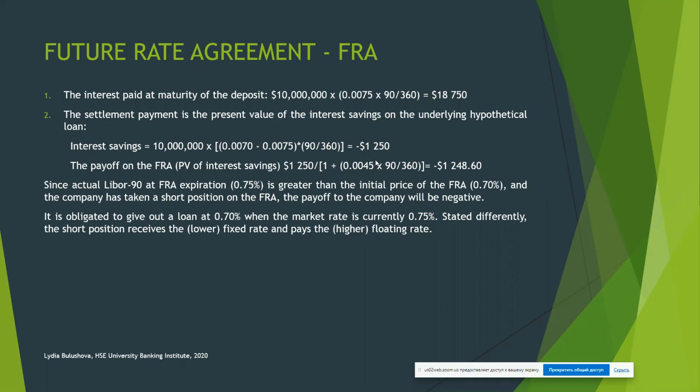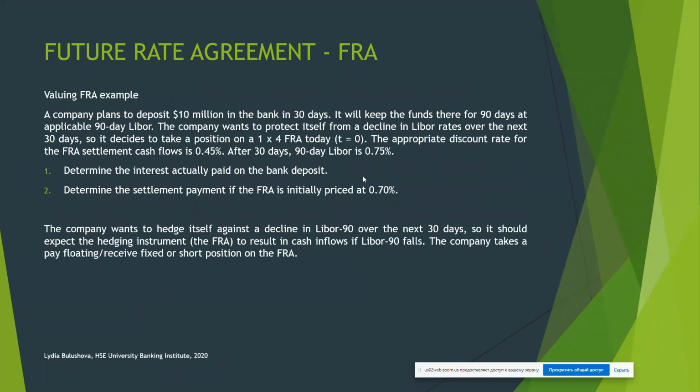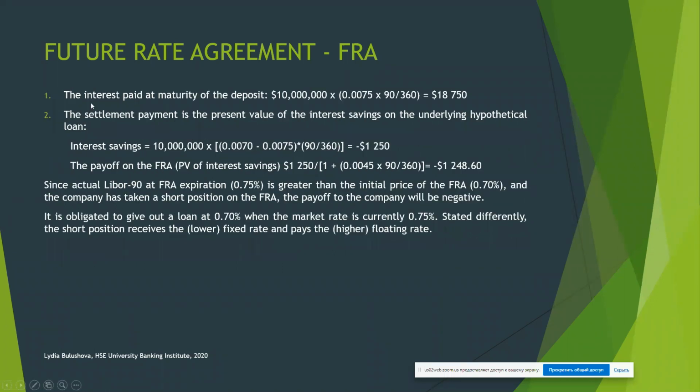The interest paid at maturity: I receive fixed, okay? And I pay floating. This is 0.75, this is 0.45, and this is 0.7, this is fixed, okay? So the interest paid at maturity, I pay floating. That's what I pay. That's the period. That's my payment.